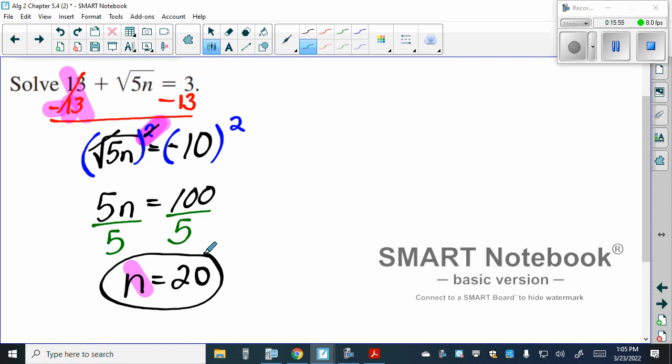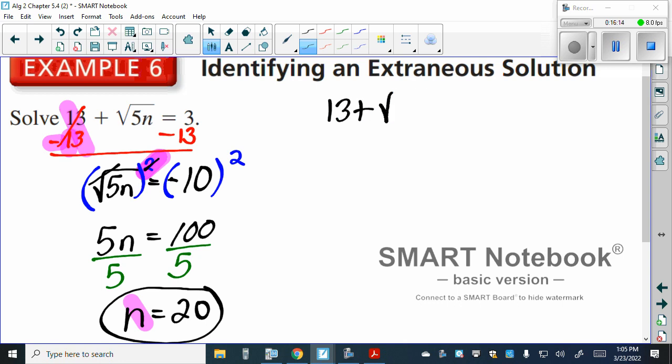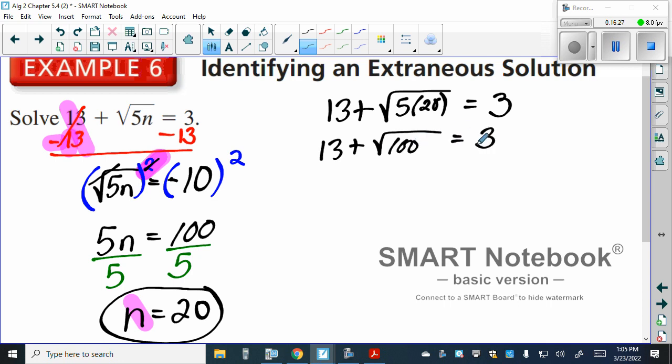Any questions on this here? I think we might need to check this, just because that header, identify extraneous solutions, might need to plug it back in. Let's just check and see. So we're saying that 13 plus the square root of 5 times 20 is equal to 3, yes? Now 5 times 20 is 100.